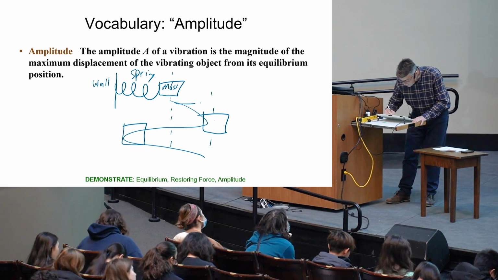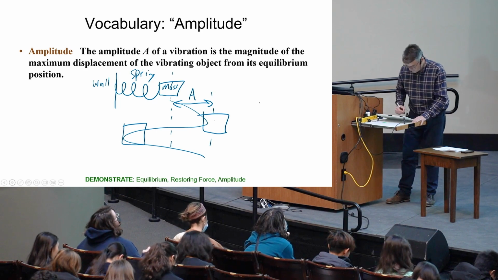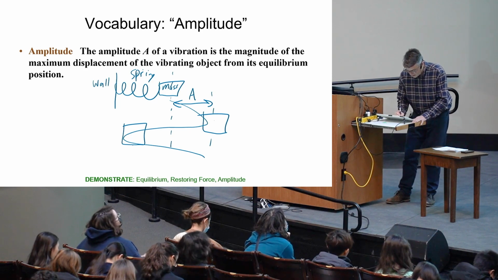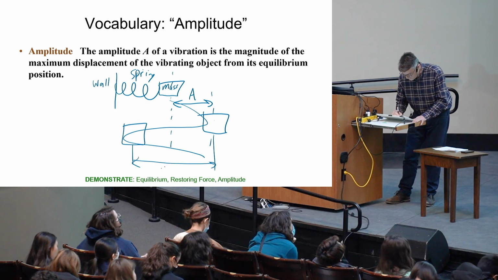This distance right here is called the amplitude. The maximum distance from minimum to maximum is actually 2A.